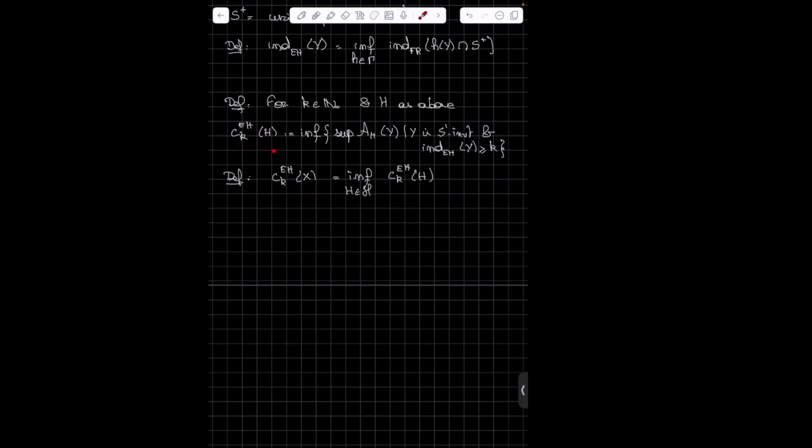For S1 equivariant symplectic homology, there's also a direct limit over Hamiltonians which look like this. So we can define an S1 equivariant capacity associated to H, and then to X it will be the same formula. So if we could prove it for a given Hamiltonian, we kind of win. That was the first remark.